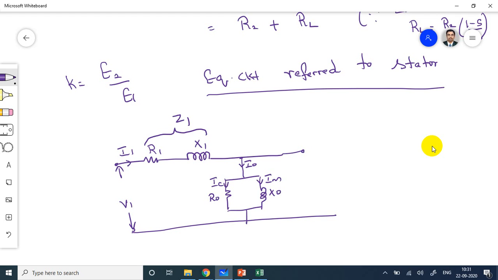And this point will be E2 dash. E2 dash is the notation which we are using for transferring the variables from rotor to stator side. E2 dash is equal to E2 by K square.